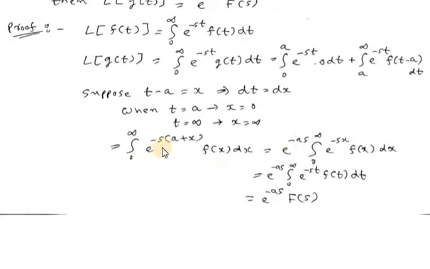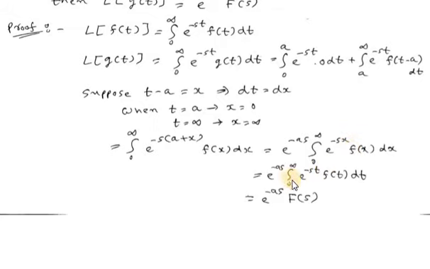Now it will become e raised to minus sa minus sx. Separating e raised to minus sa and e raised to minus sx, it will become e raised to minus as into e raised to minus sx. The integration from 0 to infinity and f(x) dx will be as it is. Now in this integration, we will just replace x by t.